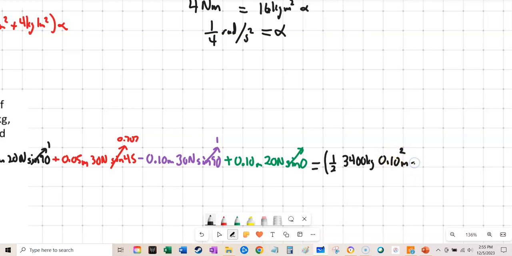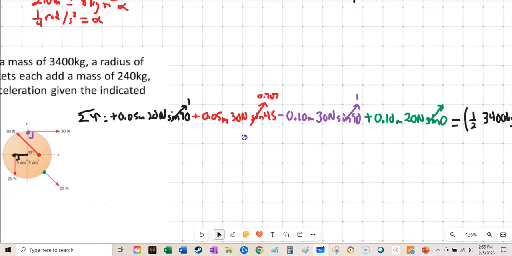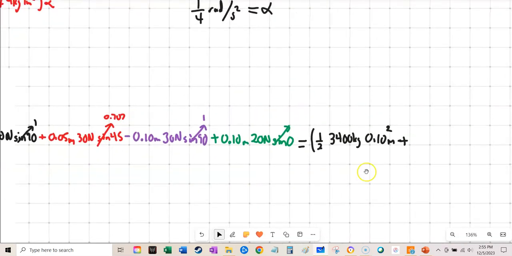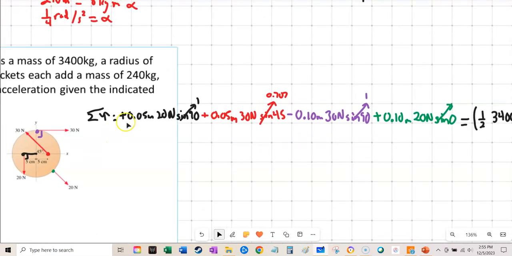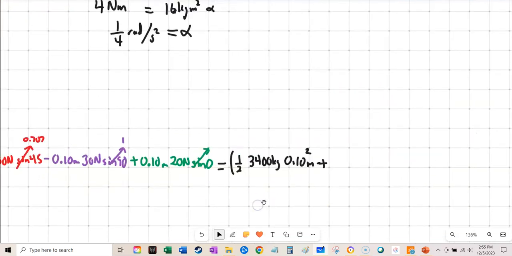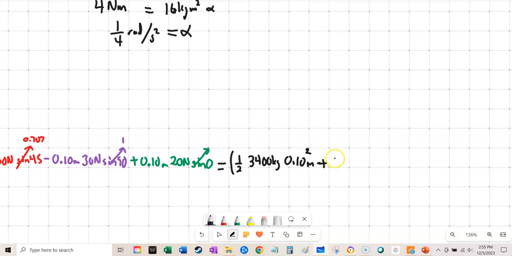We're going to add that to the black rocket, which is a ball on a string, pretty much. That was 240 kilograms, and it was 0.05 meters out.